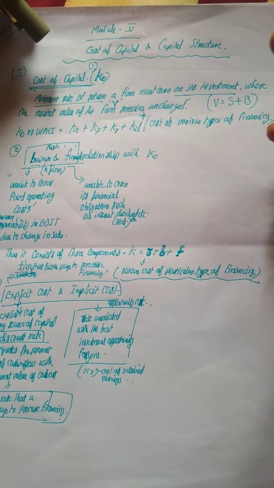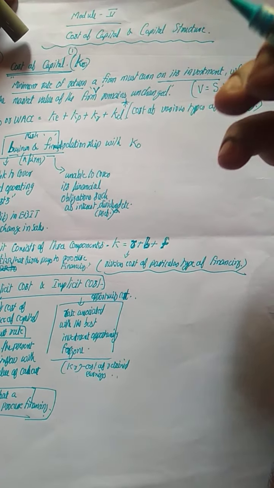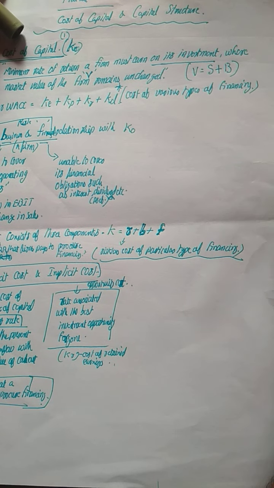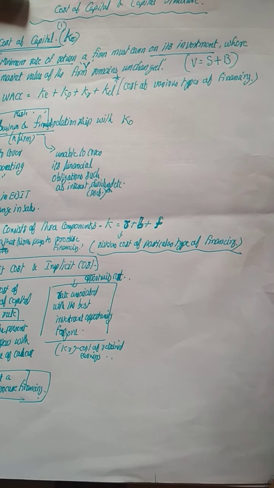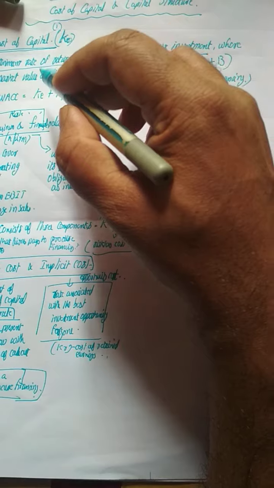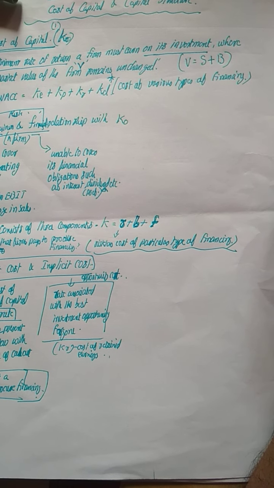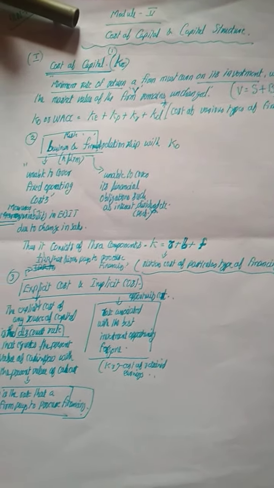So that is the important point. Minimum rate of return any company should get on its investment is known as cost of capital, but that return should be in such a way that market value of this firm should remain unchanged. It should not disturb the market value of the firm.